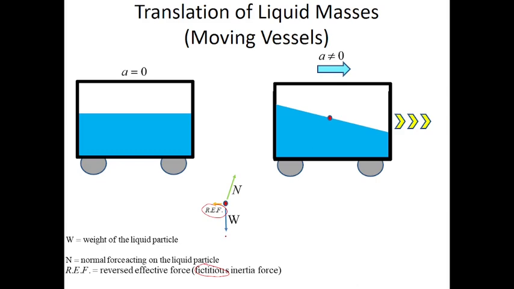They hypothesized that this force exists. Of course, those who discovered it had a basis for arriving at this concept. Reverse effective force: if this is the direction of acceleration, it is natural for the object or any matter to move in the opposite direction to the acceleration.